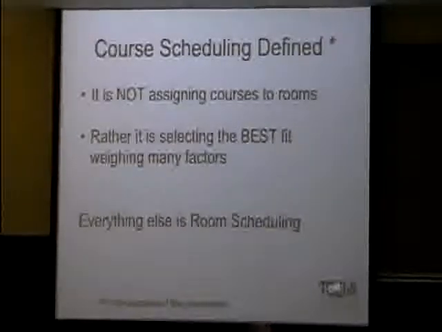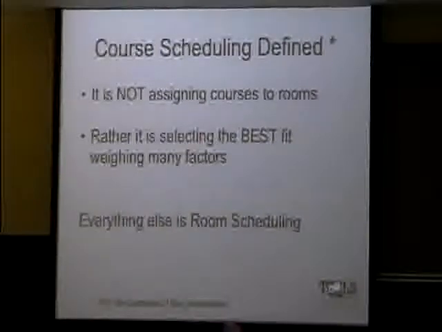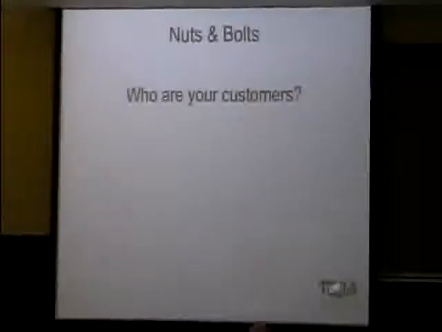Room scheduling itself isn't as needed in terms of working with other people, with getting them their preferences in the rooms and things. So we just want to make sure that there's a difference there. Again, the definition is for the purposes of this exercise only. Feel free to use your own definition.